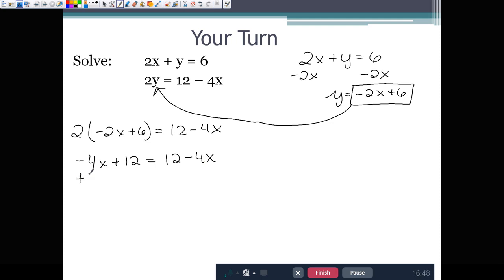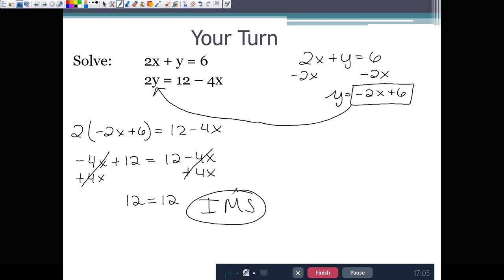So I'm going to add 4x to both sides, and I get 12 equals 12. Does 12 equal 12? Yeah. So what do you guys think this is? Infinitely many solutions, or all real numbers, or identity. But on your answer key, I believe it says IMS, infinitely many solutions.